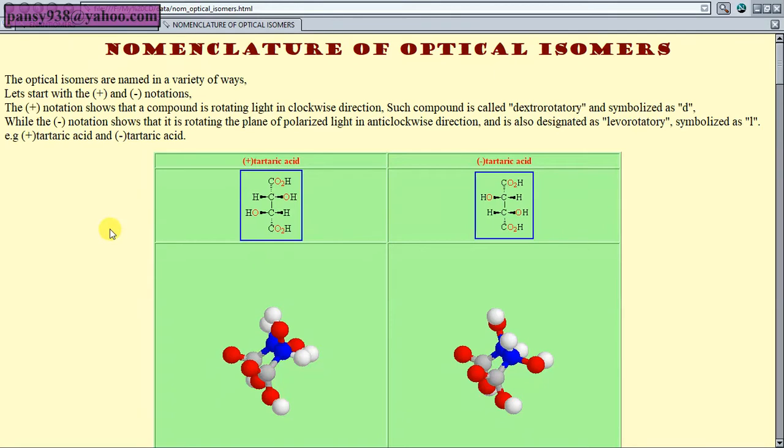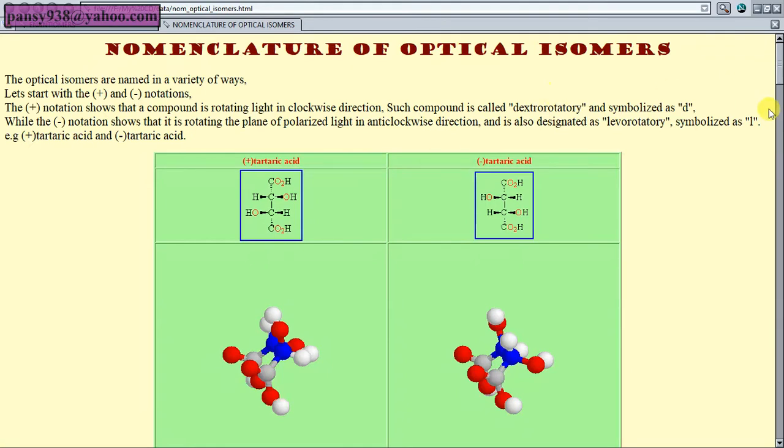For example, here you see the example of positive tartaric acid and negative tartaric acid. In the past, the positive and negative signs were also replaced by small d and l, but nowadays the plus and minus signs are frequently used for the representation of the rotation of the plane of polarized light.